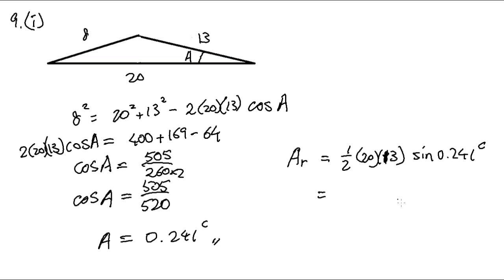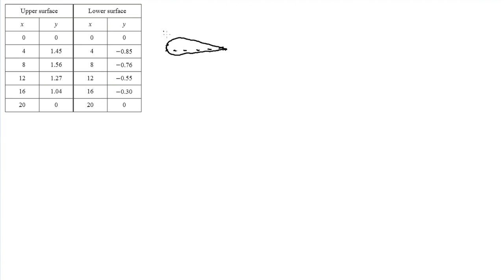You get 30.998. Actually, it's a lot of 9s, and therefore by rounding to 3 SF you get 31.0 cm squared, and that's the area.